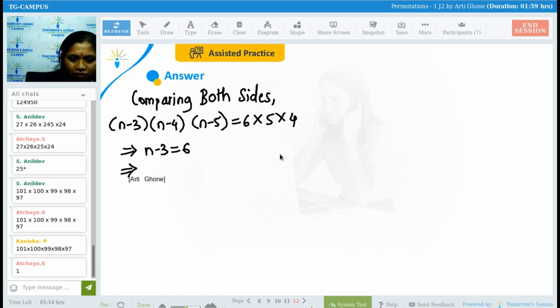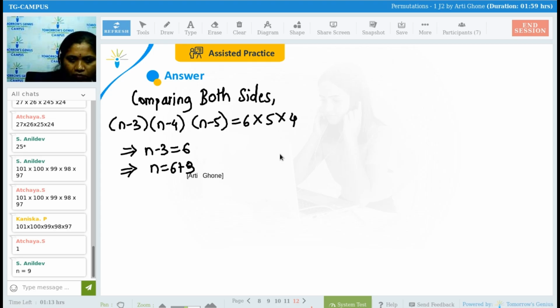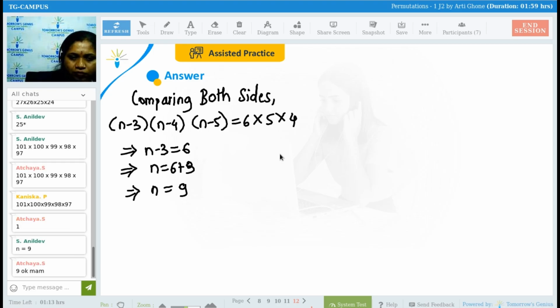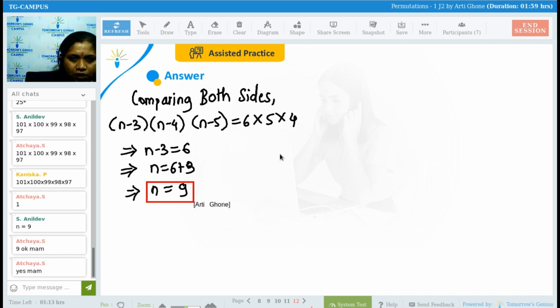What happened, Achaya? This is the correct answer, no? If you consider any factor, the middle factor, then also you get n is equal to 9.